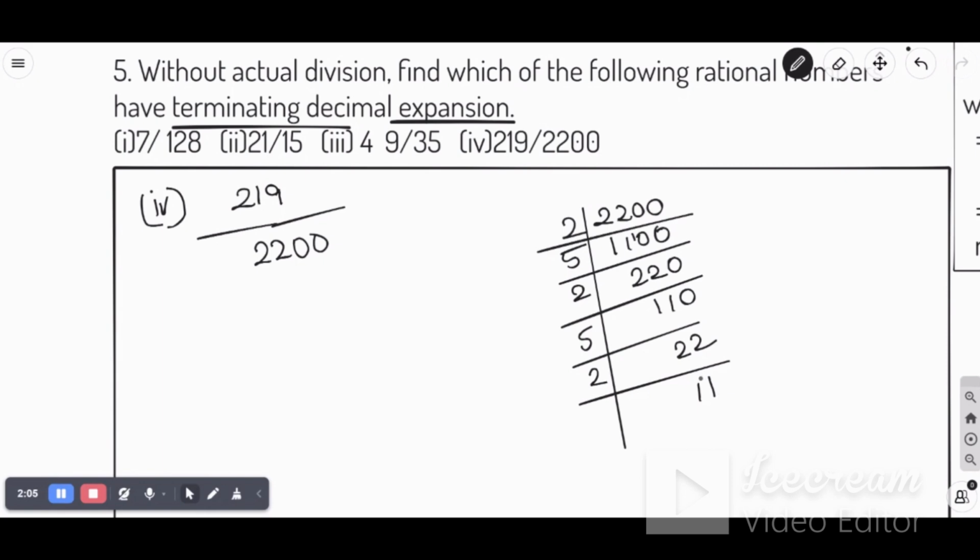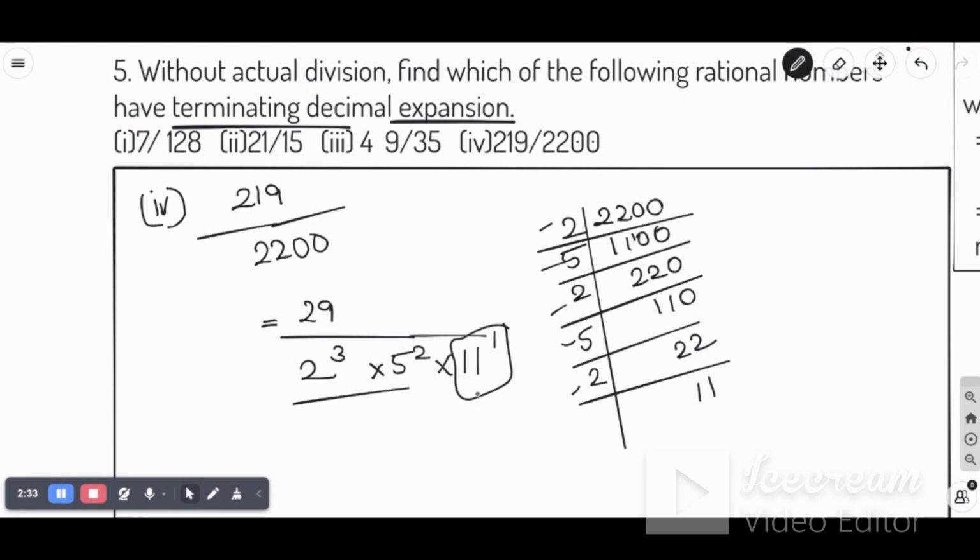So now we are getting 5, 5, and that is good, but we are getting 11 here. So this will be equal to 219 divided by 2 power how many 2s? 1, 2, 3, 2s are there. So 2 power 3 into 5 power 2 into 11 power 1. Oh God, this shouldn't be there, right?